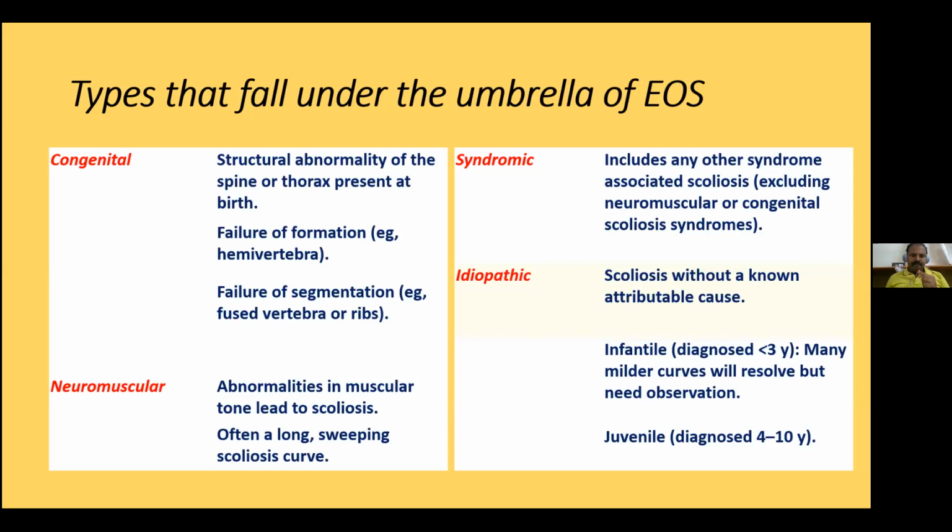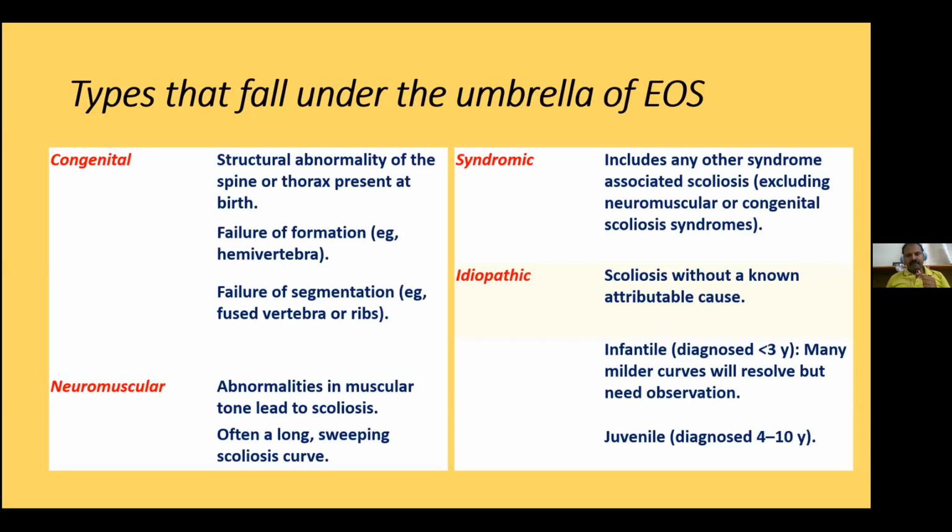And you have the syndromic variety, where you see connective tissue disorders, your Marfan's, Prader-Willi syndrome, all that will fall into this category of syndromic variety.